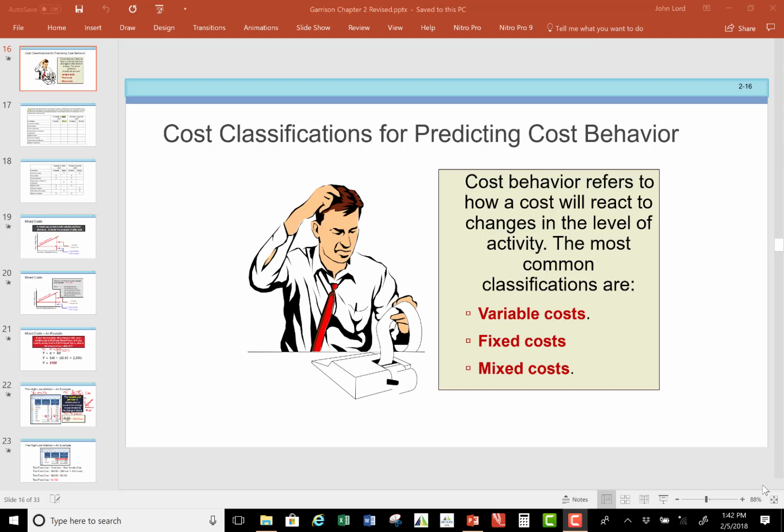So we don't wait until the coupon comes in or is used to treat it as a cost. We're getting into intermediate accounting now.